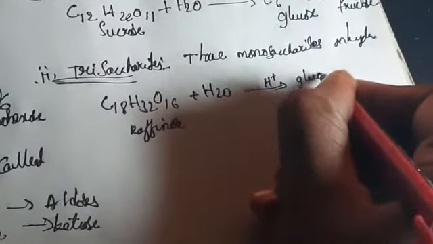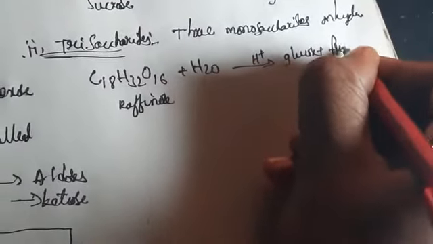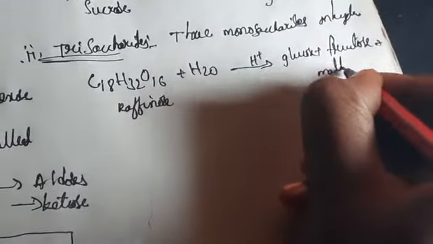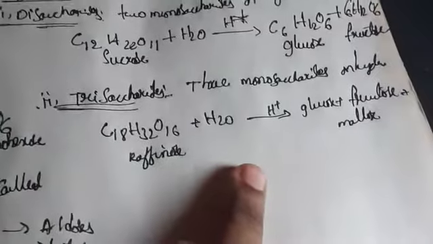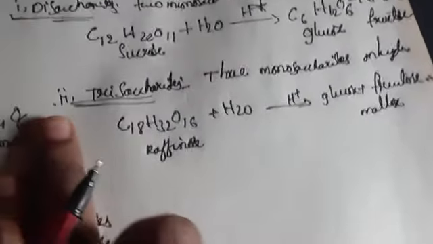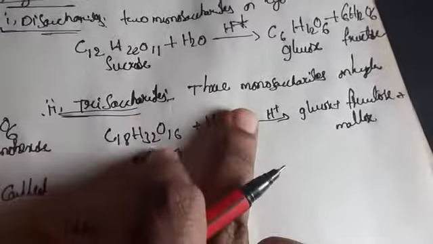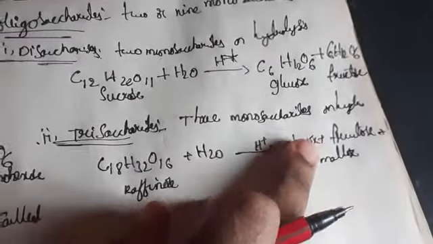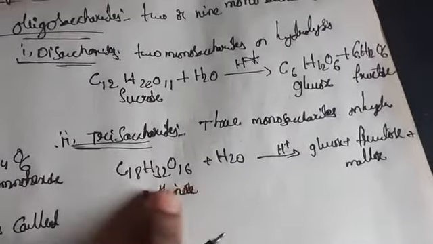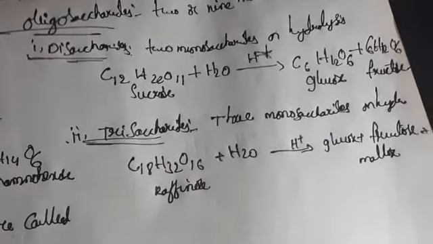In the presence of H plus, this raffinose will give 3 molecules: glucose, fructose and maltose. So trisaccharide means 3 monosaccharides are formed on hydrolysis. The example we are taking here is raffinose.